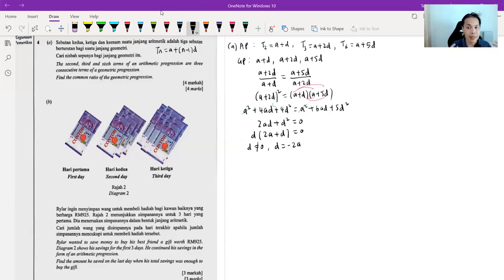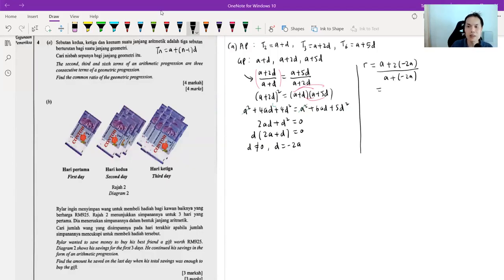So I've got an expression for d in terms of a. Now, you might be thinking, hey, that doesn't help me to find my common ratio. Well, we have to take this and sub inside here, right? My common ratio is basically the second term divided by the first term. So now that I know my d is minus 2a, I sub in a plus 2 times minus 2a, and then a plus d, minus 2a.